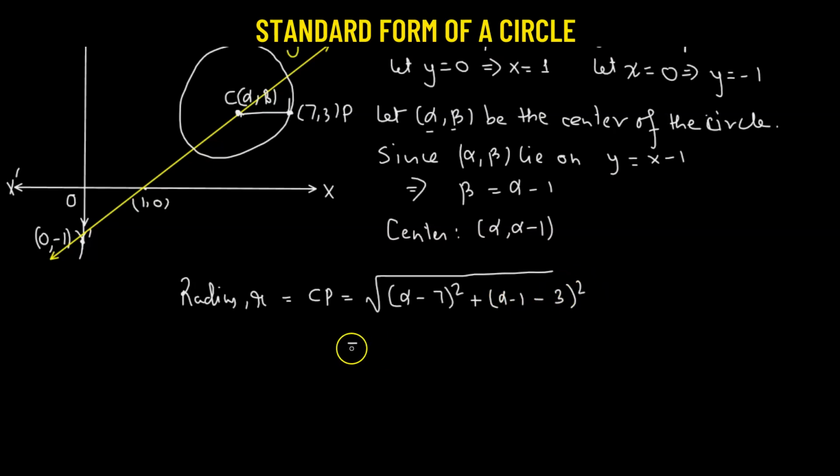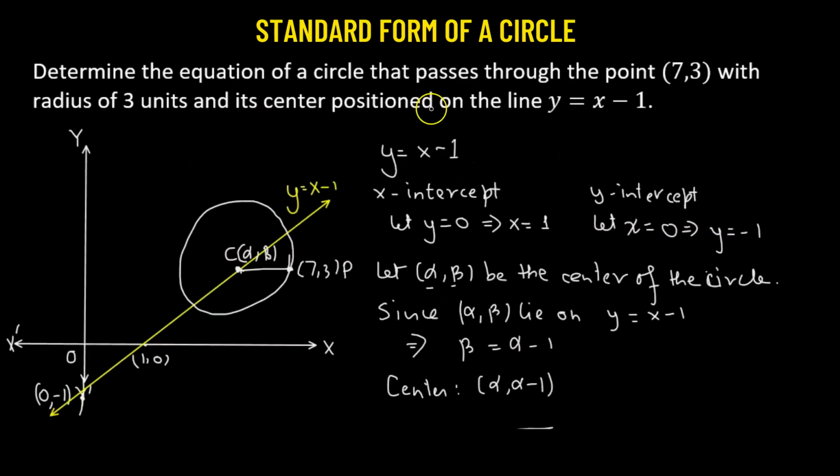So this equals the square root of (alpha minus 7) squared plus (alpha minus 4) squared. So this is the value of r. It's already given that the radius of the circle is 3 units.